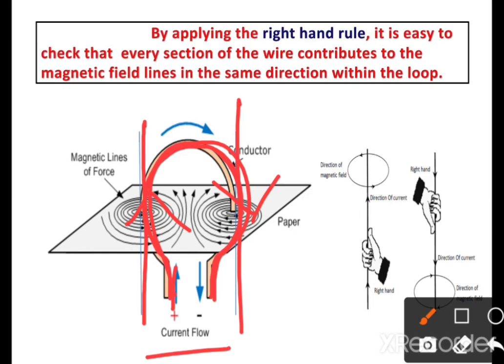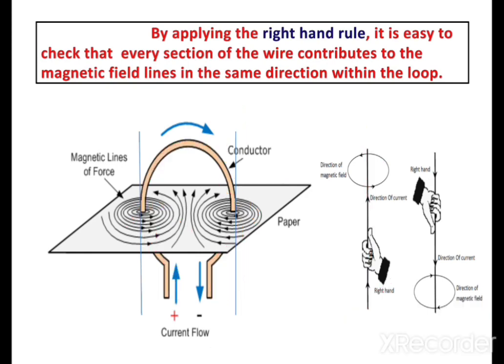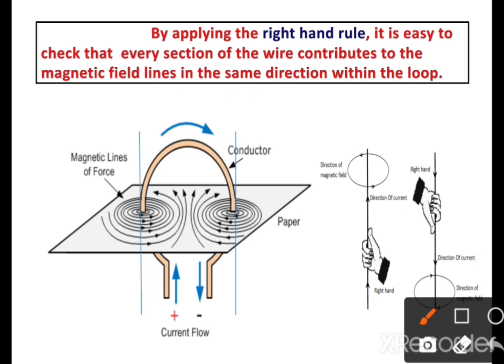You know how to find the magnetic field direction around a straight conductor. Using the right hand thumb rule, we can find the magnetic field direction around a straight conductor. So first we will find for this side, as I drawn the circular loop as straight. Current is positive, so the upward direction.